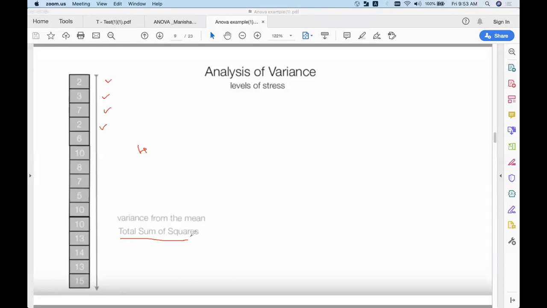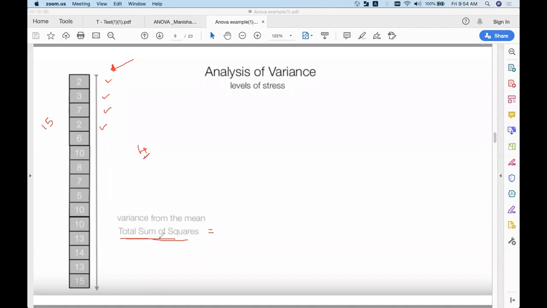The total sum of squares is given by (2 minus 4) squared, (3 minus 4) squared, (7 minus 4) squared, (2 minus 4) squared, and so on. So how do you find the total sum of squares? You first consolidate all your values into one big distribution, the total 15 values you got here. The second step is to find the mean of these values. Let's say the mean comes to around 4.